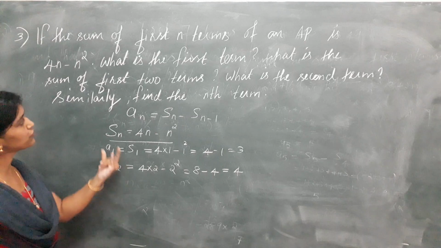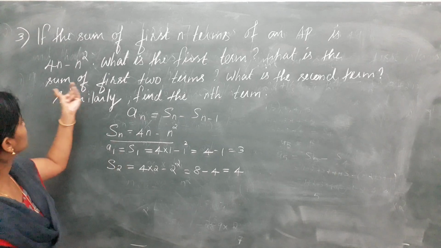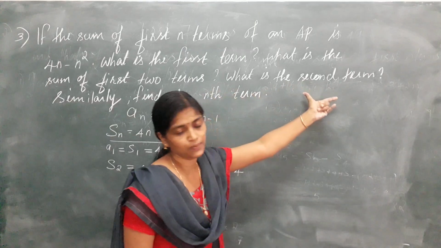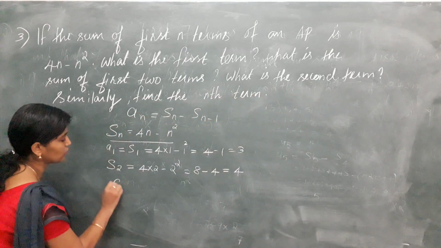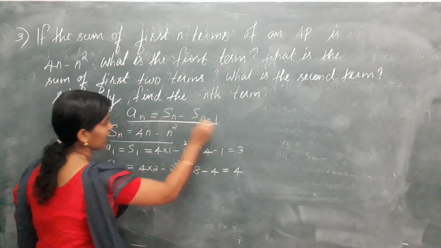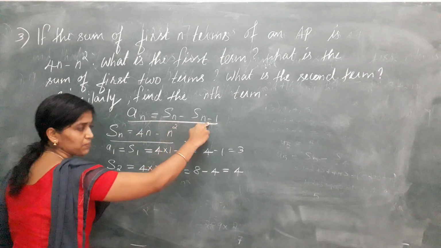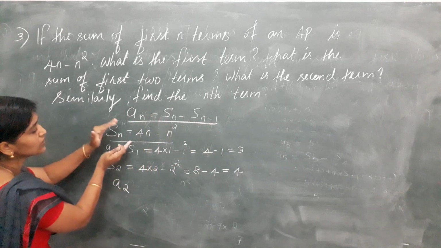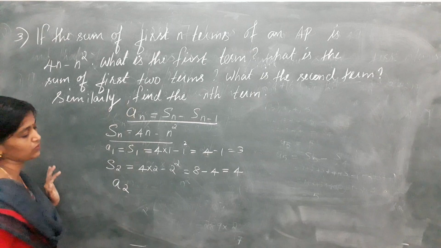Now we are asked to find the second term. We got S2. What was the second term? Second term is denoted as A2. Now using our remark An is equal to Sn minus Sn minus 1, you can get A2 because we know sum of first n terms is given in this question.